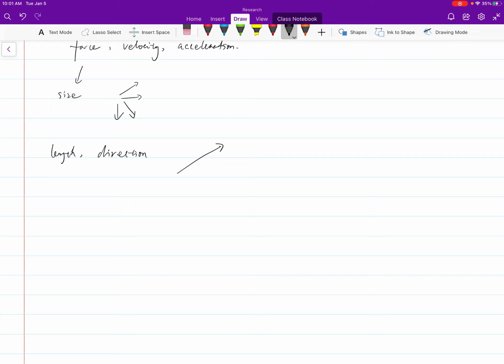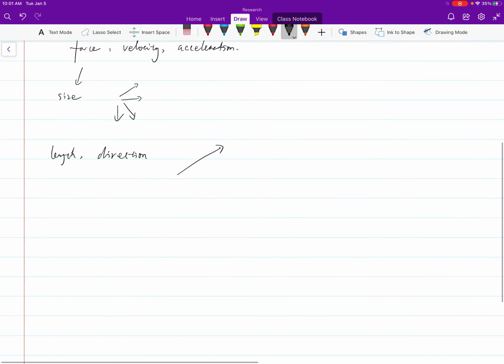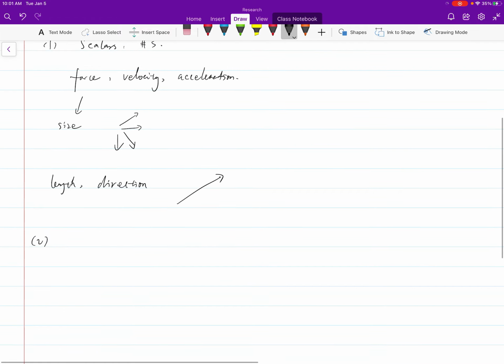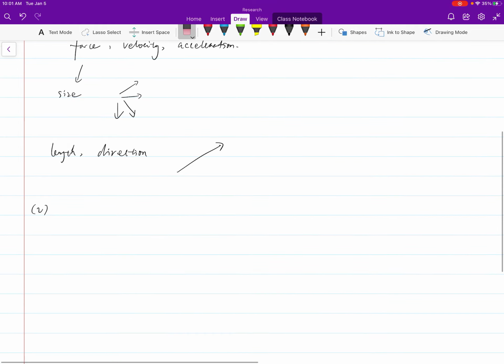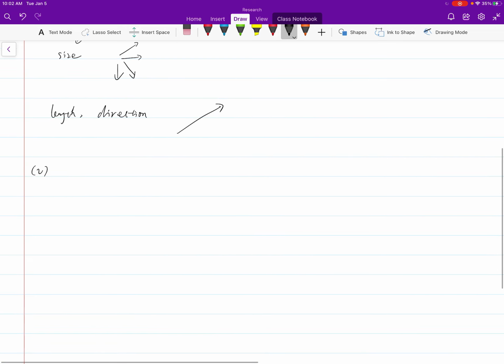You have a segment, and the length tells you the magnitude or the size of the vector. Longer means bigger, and also a direction to tell you which direction it is pointing at. That is a vector. And of course you can see it's a very good representation of force, velocity, and acceleration. Not only do you care that you're traveling at 20 miles per hour, you care that you're traveling 20 miles per hour to the east. So two quantities at the same time.